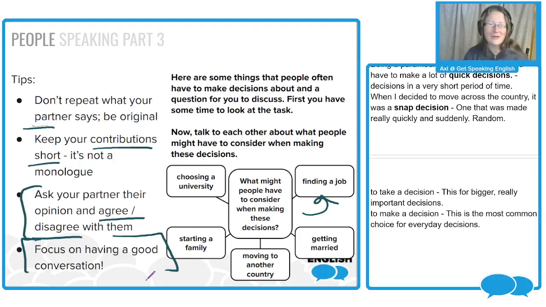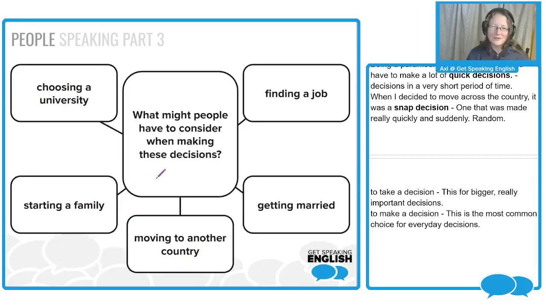So we're going to be focusing on having a good conversation. And also another thing too, right? Just because I know sometimes people try to focus on thinking about brilliant ideas. Your ideas don't necessarily have to be brilliant. They can be kind of generic things that everybody might say, right?